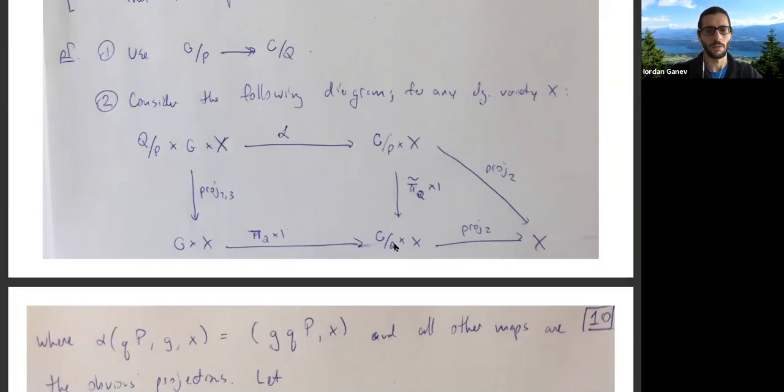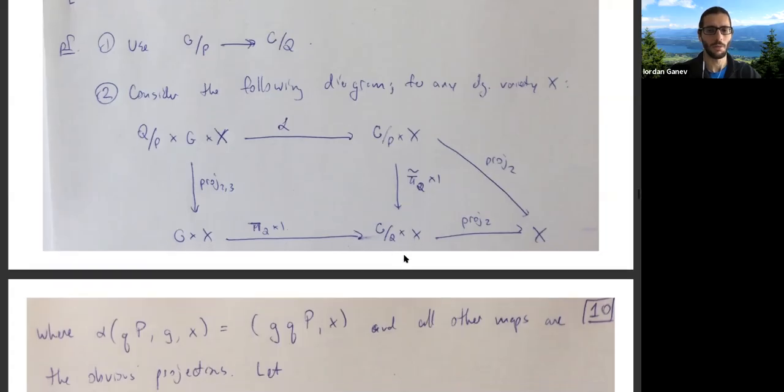And here we just have the mod Q map, so we take the Q cosets. It's easy to see that this diagram commutes.